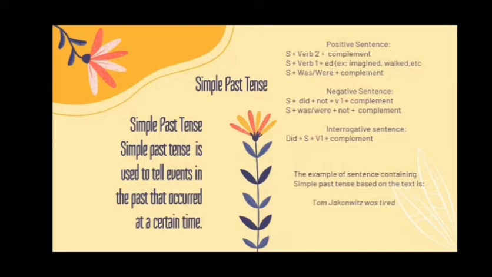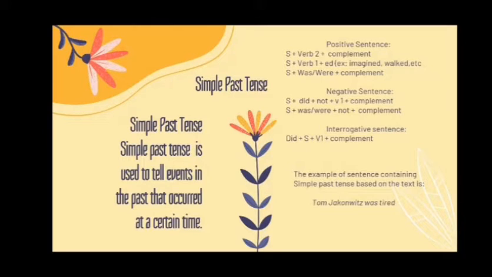The example of a sentence containing simple past tense based on the text we have chosen is: Tom Jenkins was tired. How do we know that this sentence uses simple past tense? Of course, we have to find the keyword first. The keyword is was.